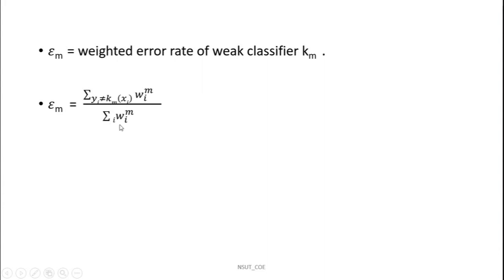On using this epsilon m in the equation of alpha m, we get the new equation for alpha m, which is this. That is, alpha m is 0.5 natural log of 1 minus epsilon m divided by epsilon m.